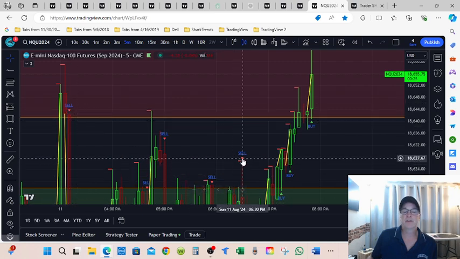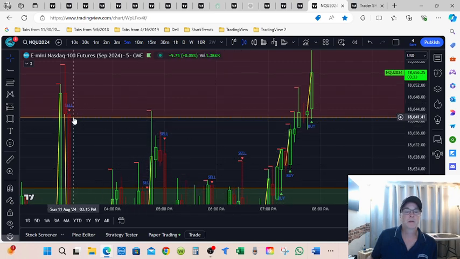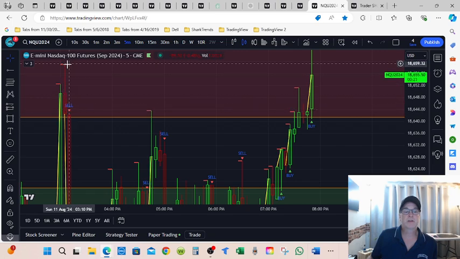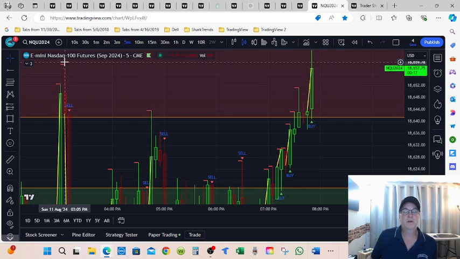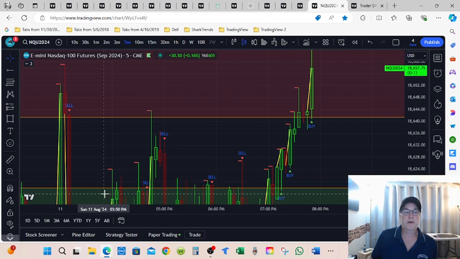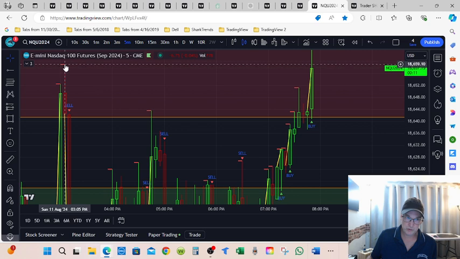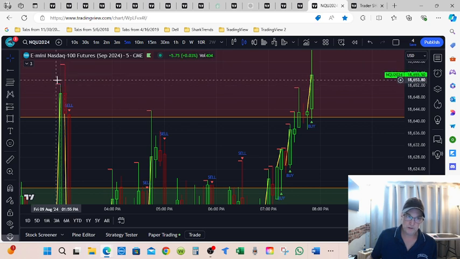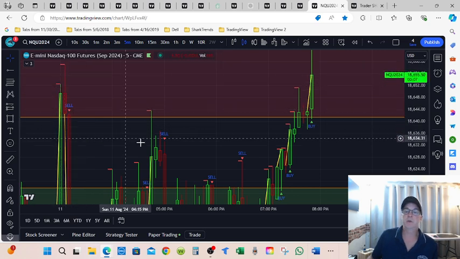This one signaled at the same time, but most likely you're going to get something before you get a sell signal. So if you have sell side liquidity from the top, or buy side liquidity from the bottom, you can kind of gauge to see what the market's going to end up doing.